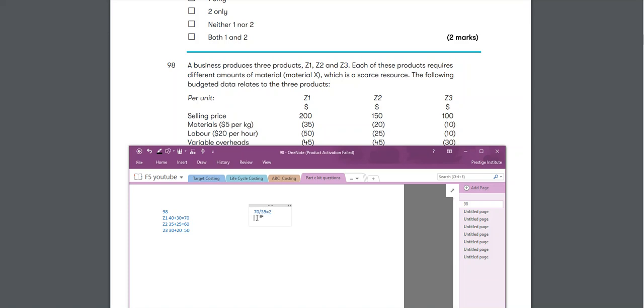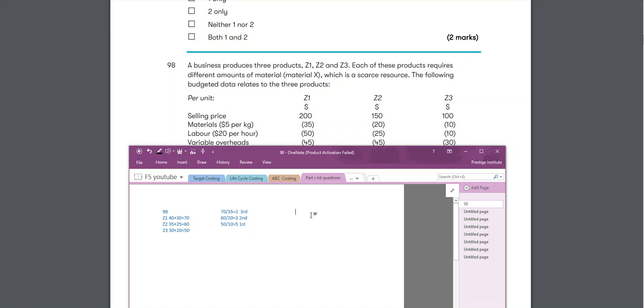The ranking that it will give you is going to be the same as if you found per kg usage. So there shouldn't be any problem. So the ranking that it gives me, see, this one would be first, this one would be second, and this one would be third. Obviously, this is not the right data. It doesn't tell me how much contribution is earned per kg, but the ranking is right. And in a multiple choice question, I only need the ranking.